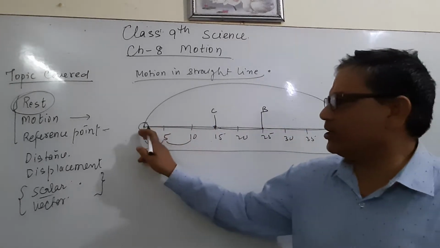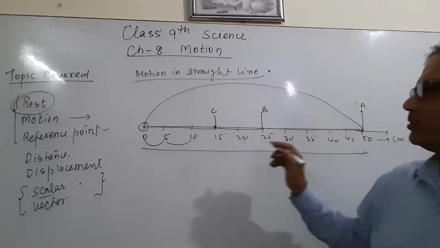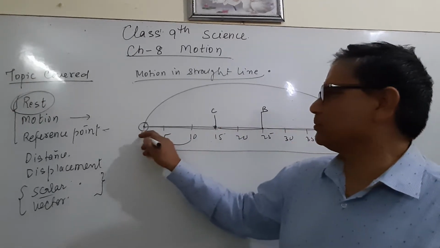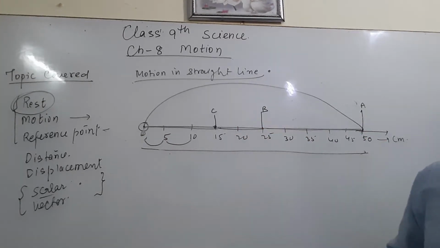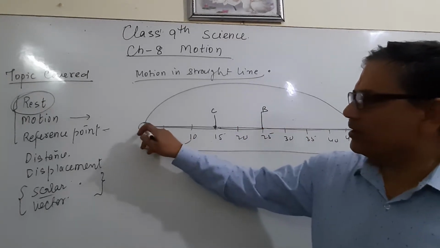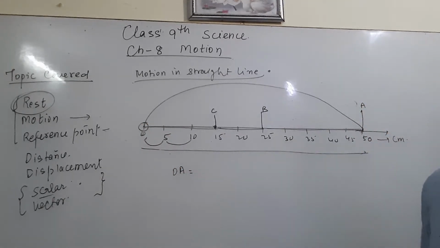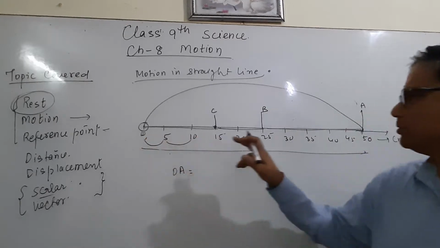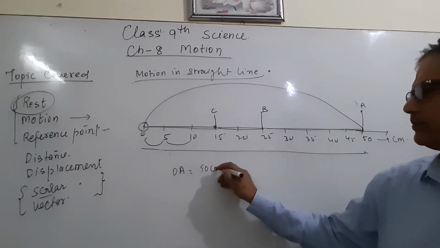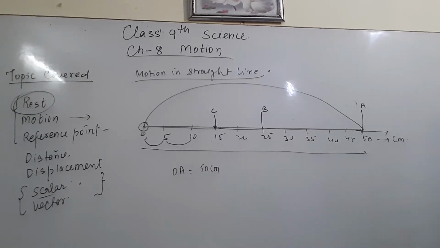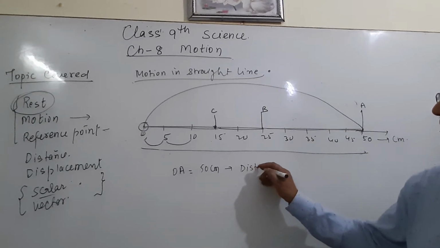In this way he reached from O to A through C and B. So how much distance did he cover? OA is the distance covered, which is equal to 50 centimeter. And this is known as distance.